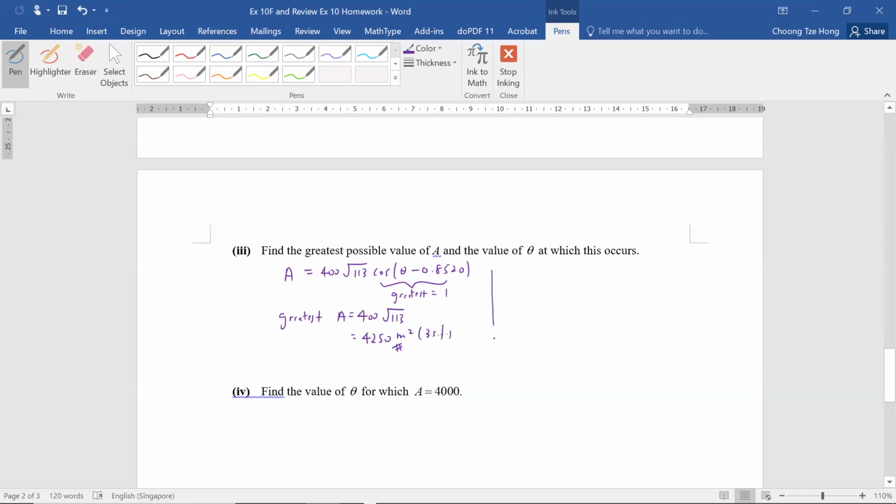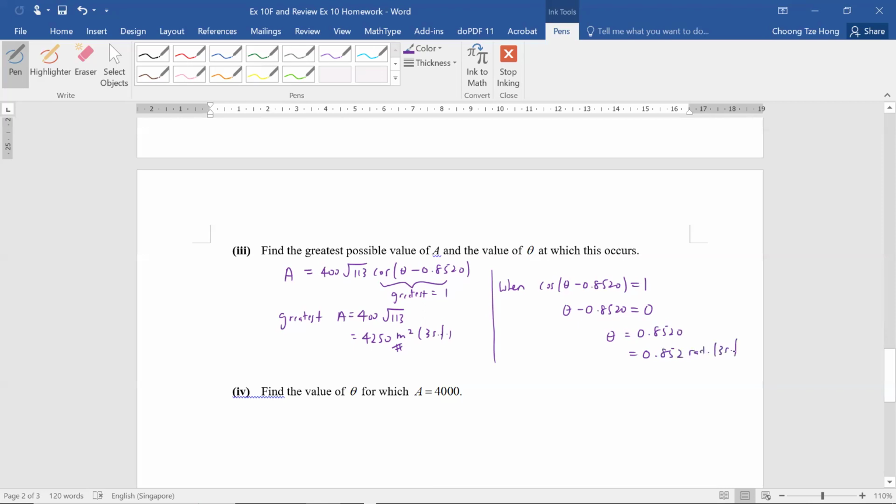Okay, so it will happen when cosine of theta minus 0.852 equals 1. So cosine of what angle will give you 1? Cosine 0 will give you 1. In other words, theta minus 0.852 will be equal to 0 radians. So theta will be 0.852, rounded to 3 significant figures, 0.852 radians.